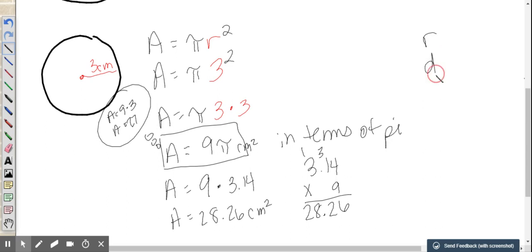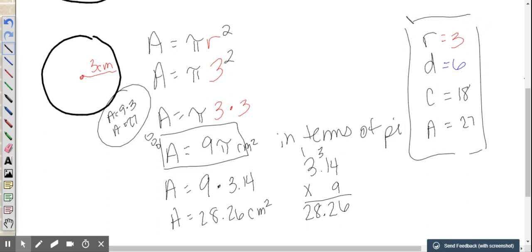So if you have your R, D, C, and A, we know that our radius was 3, making our diameter 6. Notice that 6 is nowhere in this, right? That was only for circumference that it showed back up. Our circumference would then be 6 times 3, 18, times 3 because it's times pi. But our area ended up being close to 27 or 28.26. So just double check that there that you understood.